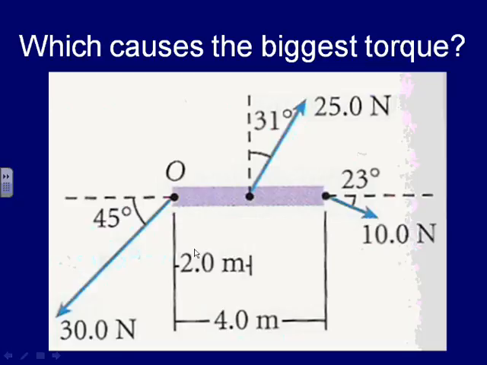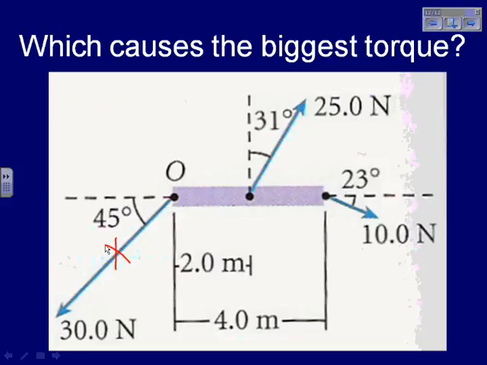What's O stand for in this picture? No, not theta. Theta's an angle. This is the rotation point. This is the spot that we're spinning around. So out of these three forces, we can eliminate one of them right away, right? The one on the left. This one is not going to cause the biggest torque. Why not?